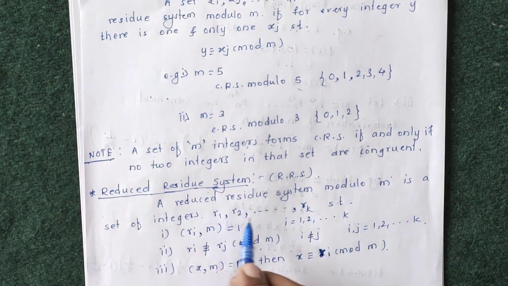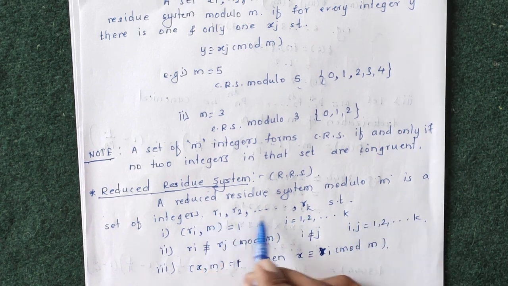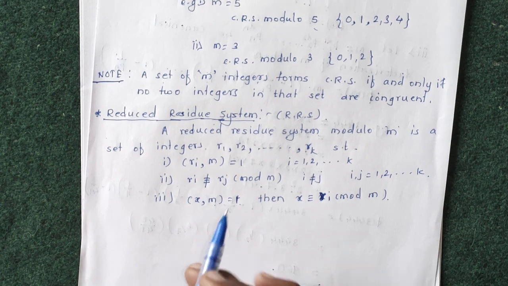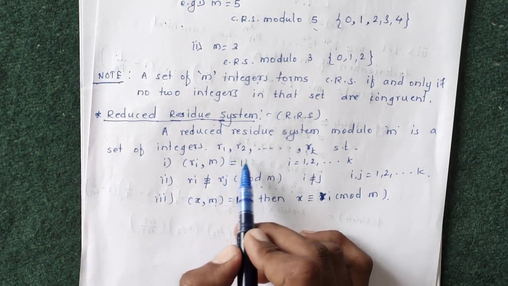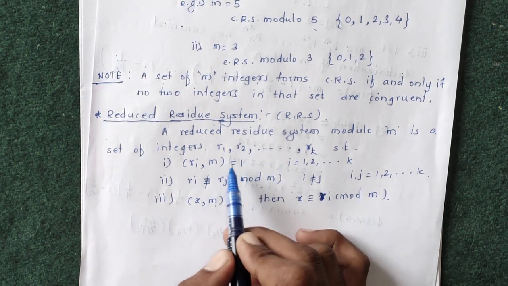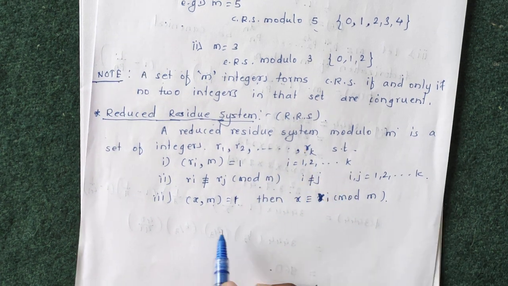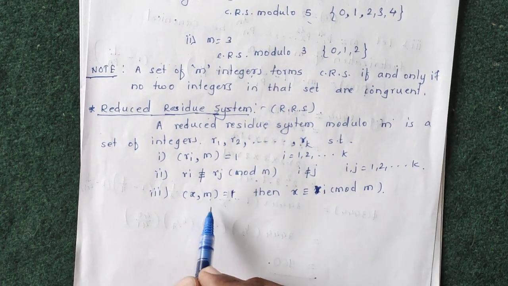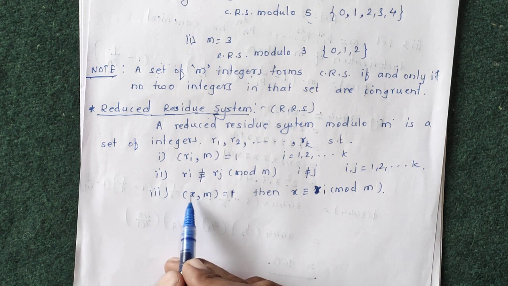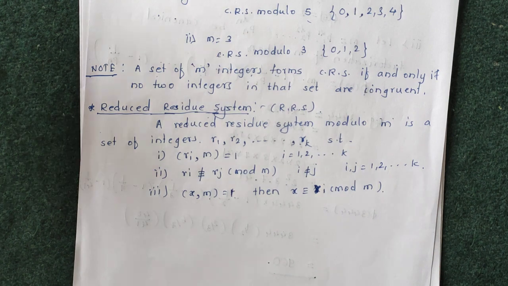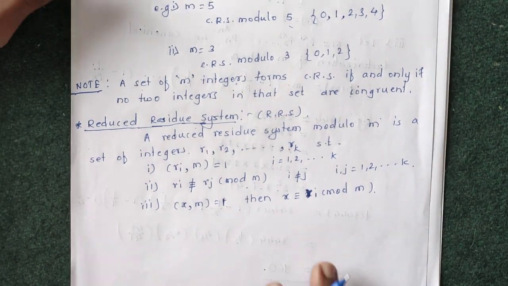Second, they must not be congruent to each other under modulo m. Third, any integer relatively prime to m must be congruent to some ri under modulo m.